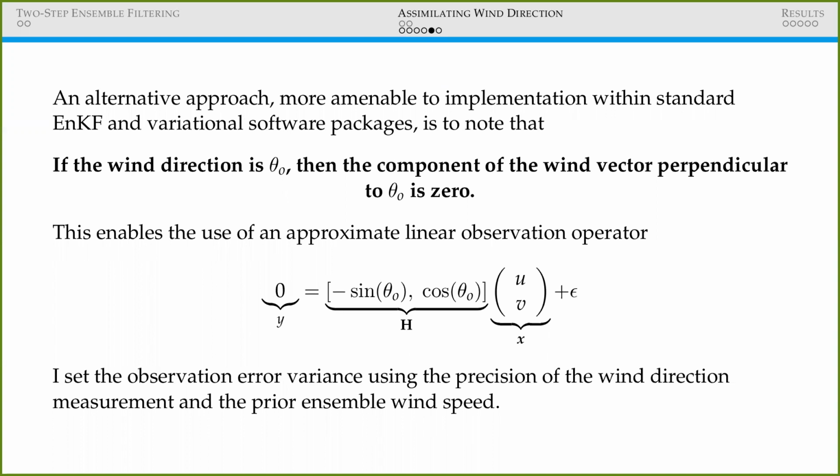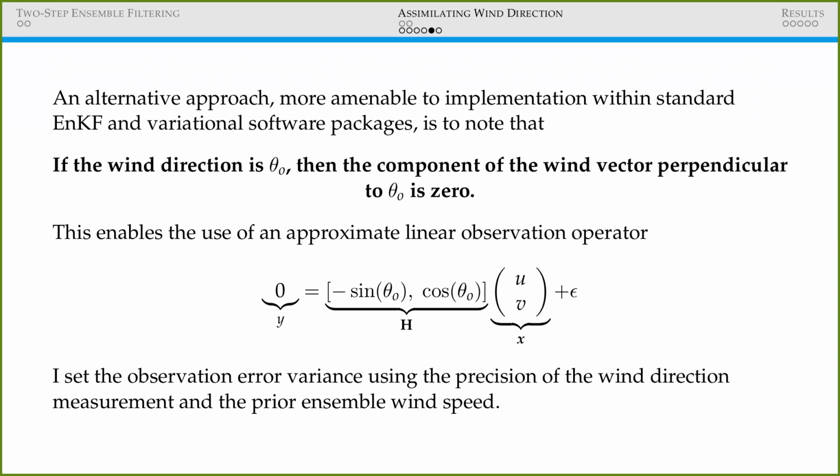The approximate method, which is not a two-step method, is based on the following idea. Suppose you observe that the wind direction is northeast. That implies that the component of wind perpendicular to the observed direction, so the northwest component of wind, is 0.